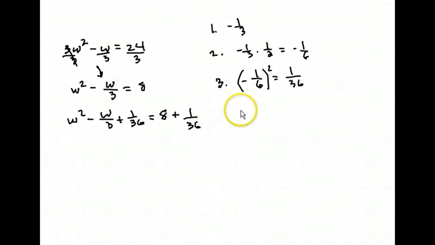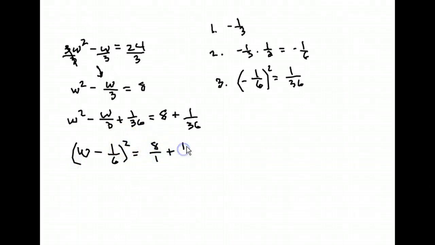So what we're going to end up having, this perfect square ends up being w minus 1/6 squared. And this side, we got to have 8 over 1 plus 1 over 36. So we got to get a common denominator, which is 36. So we have to multiply top and bottom by 36.